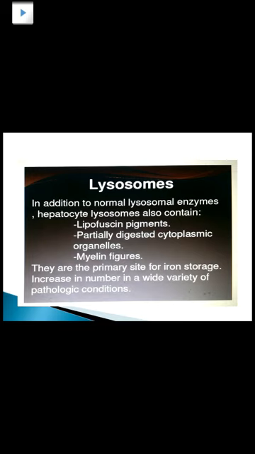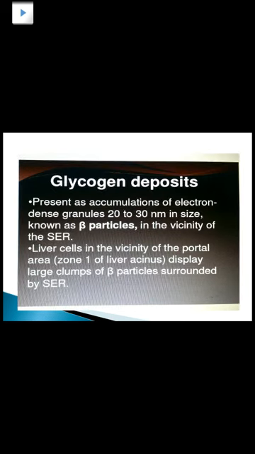They are the primary site for iron storage and increase in number in a wide variety of pathologic conditions. Glycogen deposits can also be seen here, present as accumulations of electron dense granules.